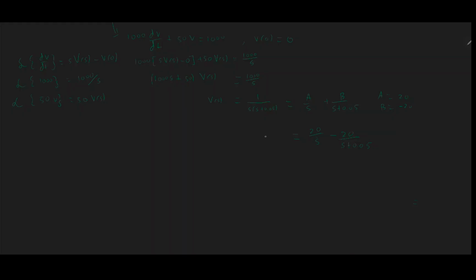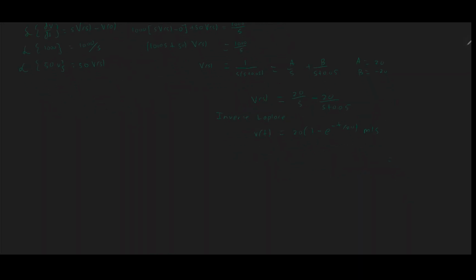Now we have this Vs, we can take the inverse Laplace transform. Taking the inverse Laplace transform, we have that vt is equal to 20 times 1 minus e to the minus t over 20 meters per second.